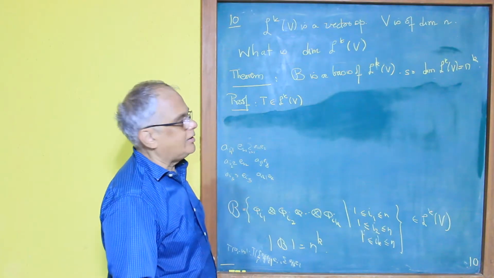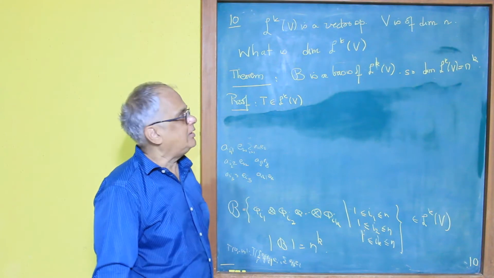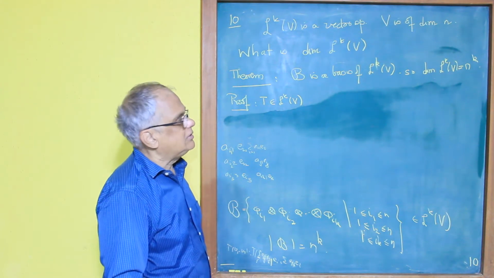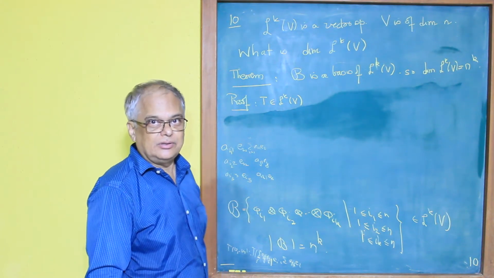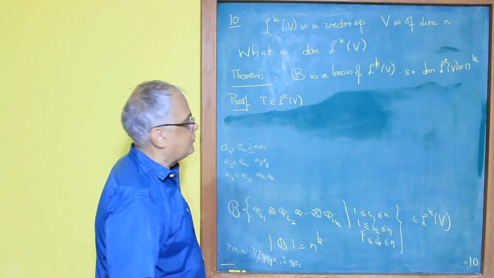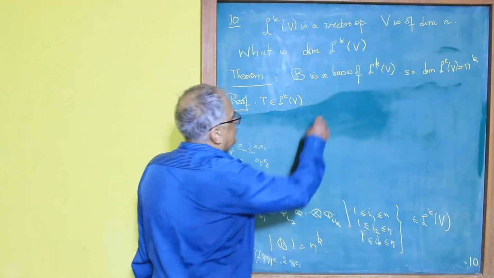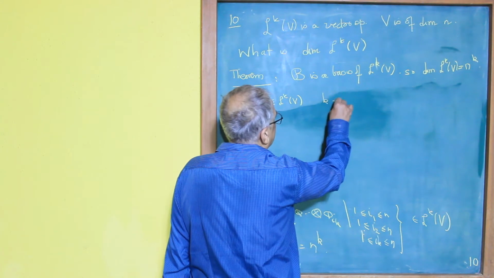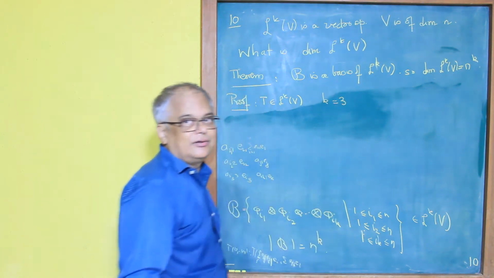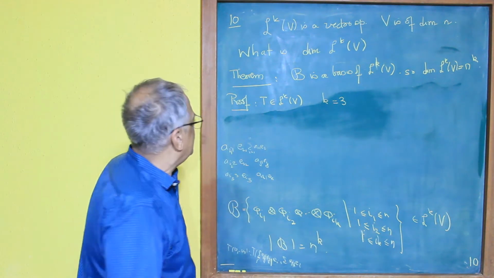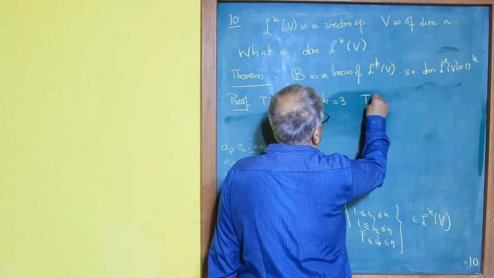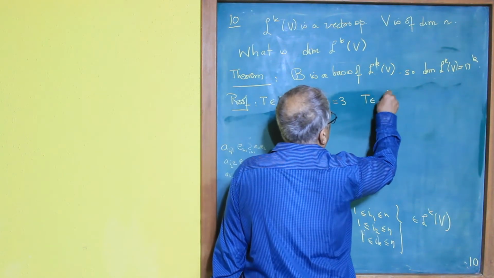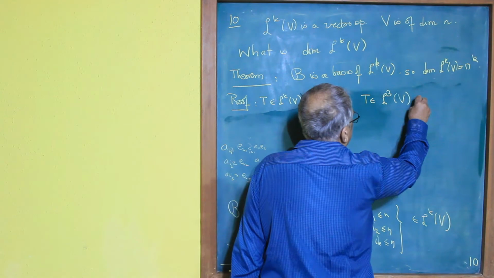So we want to prove that the dimension of L^k(V), where V is n-dimensional, is n to the power k. I'm going to do this in the case when k is equal to 3, and you will understand why I'm doing it. So T is in L^3(V).